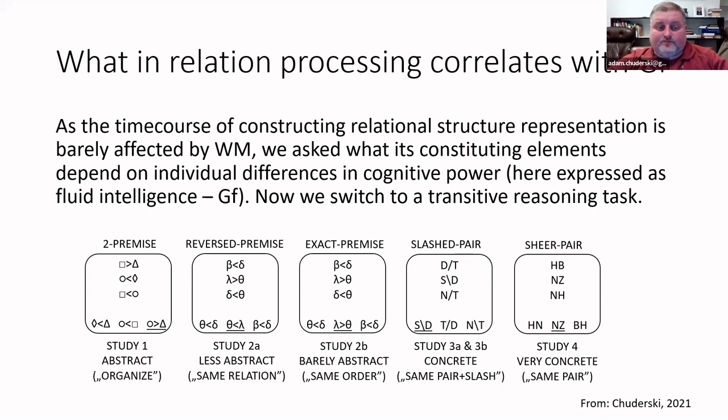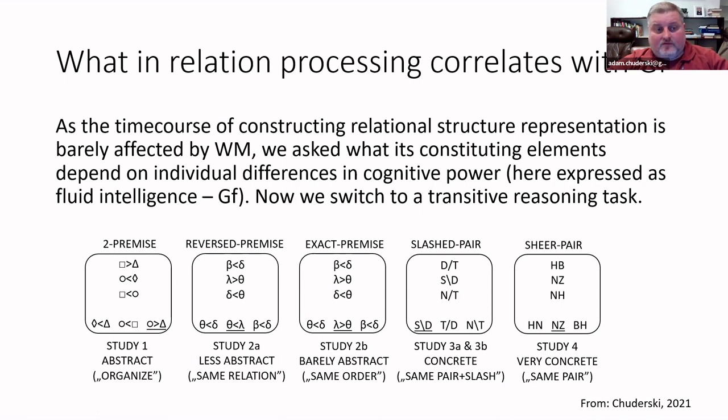So in a typical transitive reasoning task, which we also use, but we changed it considerably, you typically have three premises which define the monotonic order between usually four elements, and either you have to write down this order or choose the option that matches this order.